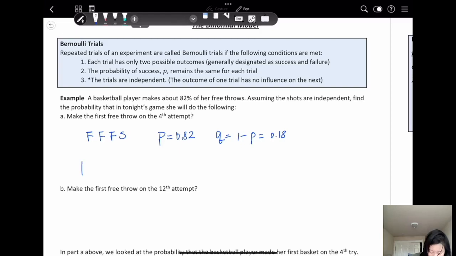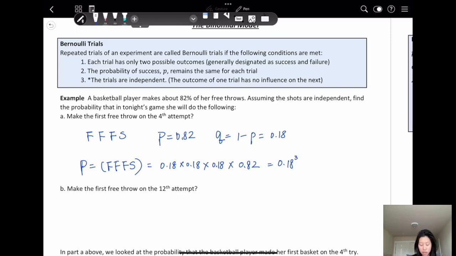So the probability that she fails the first 3 attempts and then makes the free throw on the fourth attempt equals 0.18 times 0.18 times 0.18 times 0.82. Or we can rewrite it as 0.18 cubed, since there are three 0.18s multiplied together, and then times 0.82.